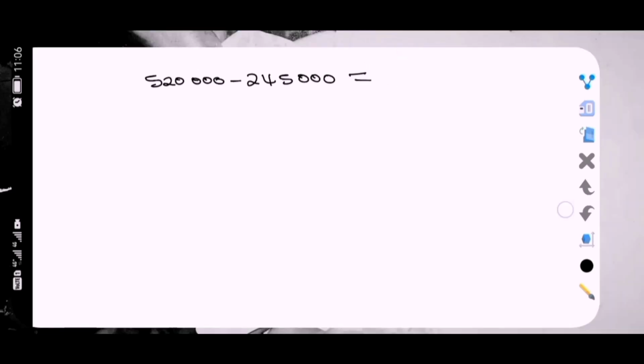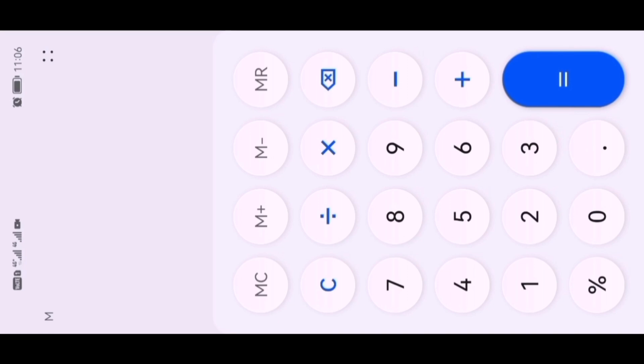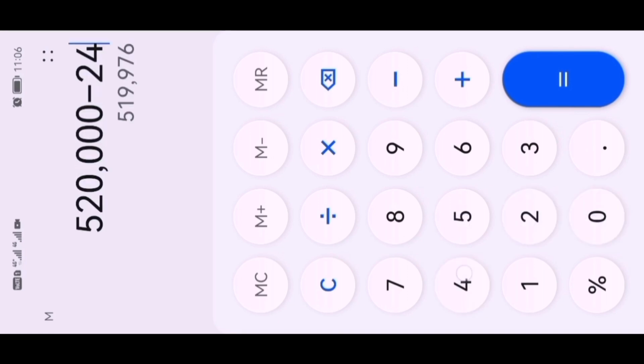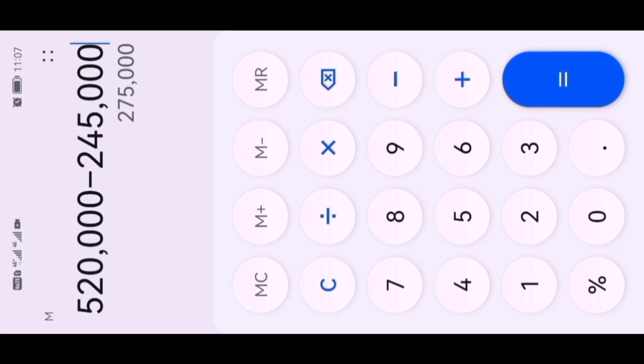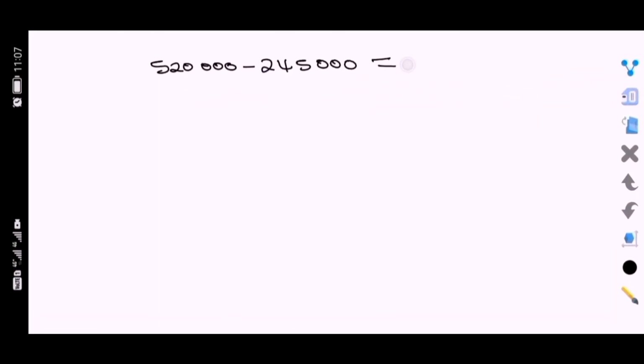So 520,000 minus the 245,000 that we found for the vehicle that was sold is equal to 275,000.